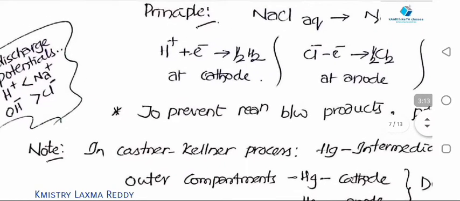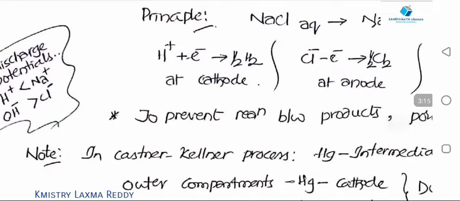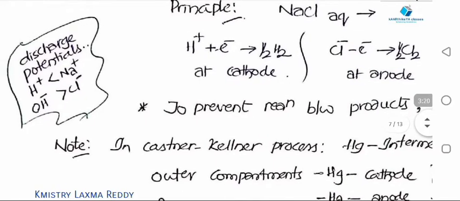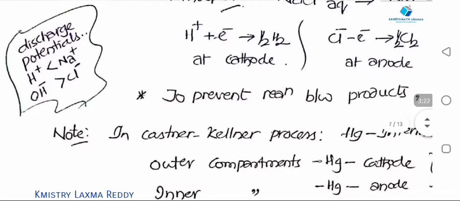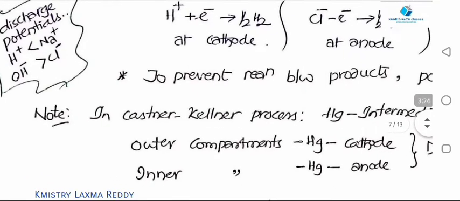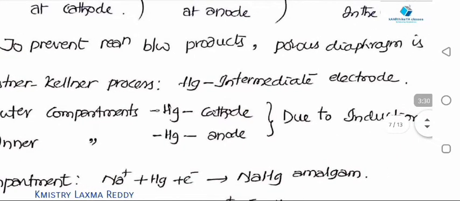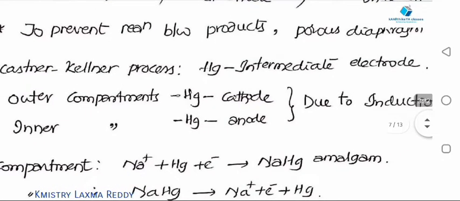When H+ and Na+ are there, why is H+ discharged at cathode? For that, the reasons are discharge potentials. You can see the discharge potentials. One important observation is, in Castner-Kellner process, we use mercury as the electrode.